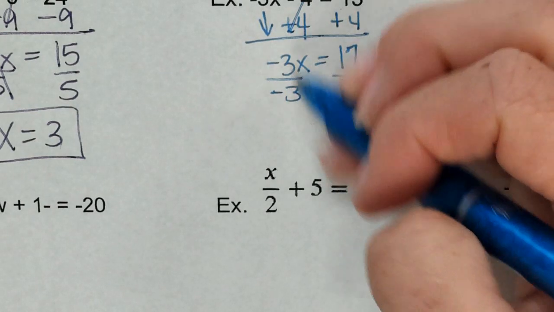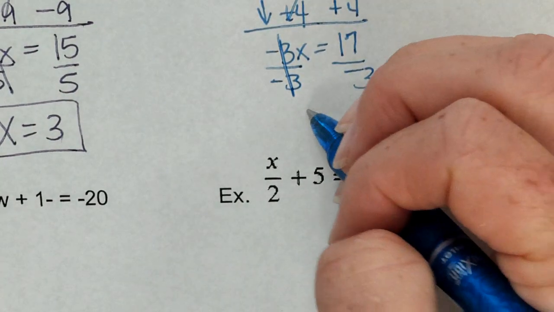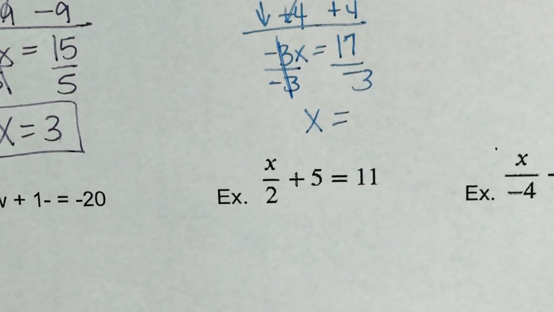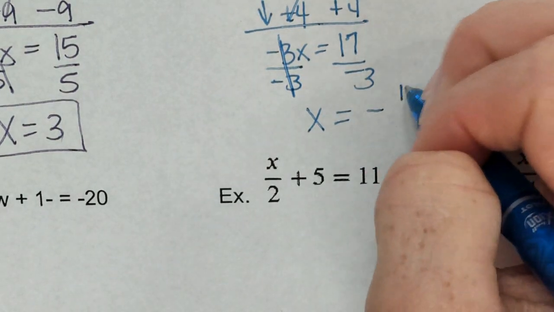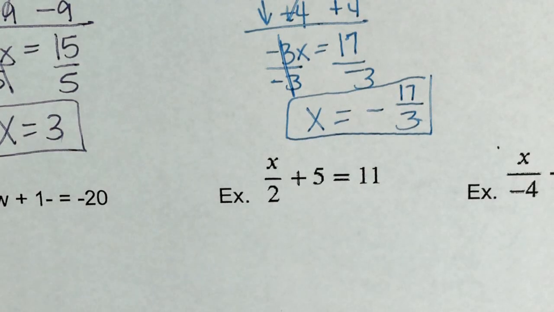And a negative divided by negative is a positive, so that cancels out, and 1 times x is x. Now, the best thing, guys, if it's a fraction and it doesn't simplify, just leave it a fraction. My answer is negative 17 thirds. Now, you must simplify it, but that is simplified. Okay? All right, let's look at this next one.